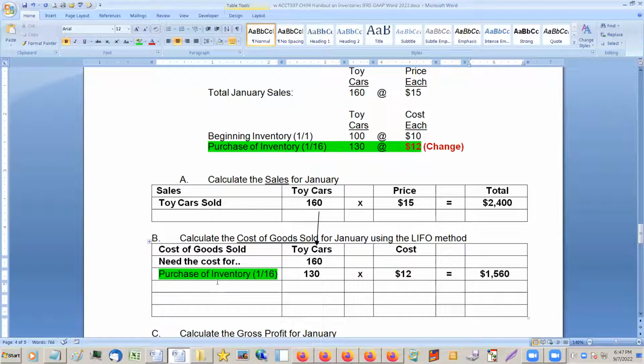Okay, we still need the cost for some cars. Toy cars. What do we need? 30. Okay, so these are gone. They're gone, they're never coming back.